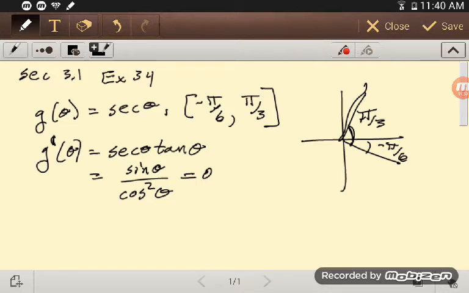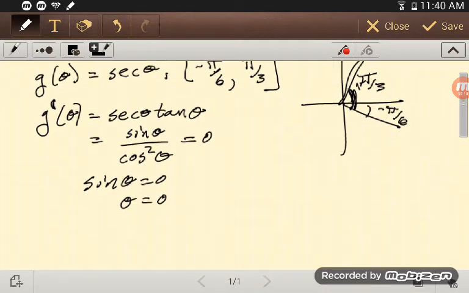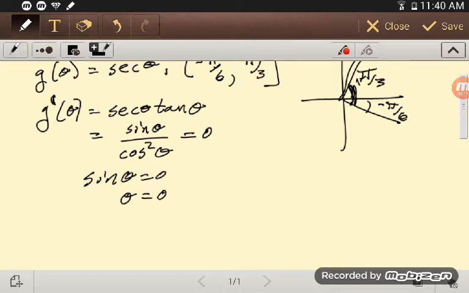And so for a fraction, 0 in the numerator is 0, so we would have sine theta must be 0. Well, within this interval, that only happens when theta equals 0. So we're good there. And then the question is, well, this thing's undefined if cosine theta is 0.